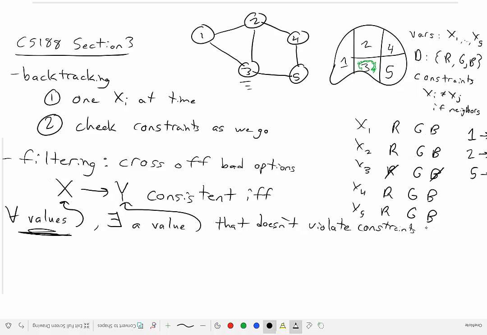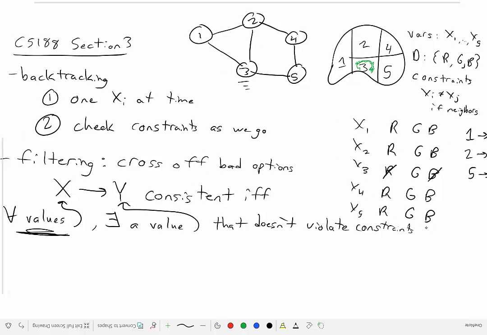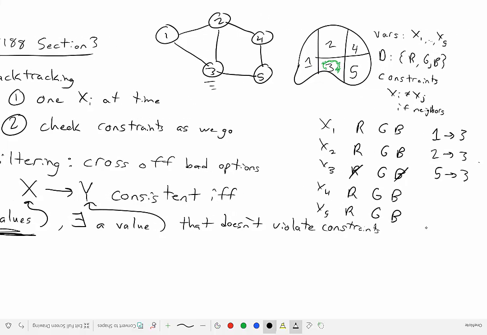So now what I want to do is check and ensure that all of these enforce arc consistency. So I look at 1 and I say, for all values that 1 can take on, is there a valid value in 3? So I go one by one. For R, is there a valid value for x3? Yeah, green. That satisfies constraints.